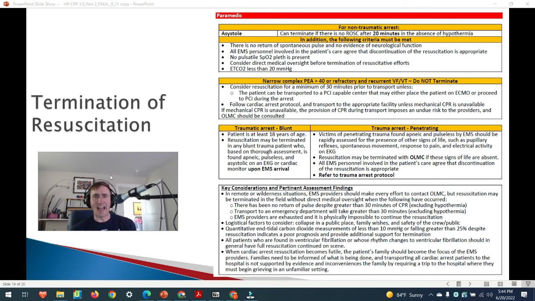Anything other than that, especially if it's refractory, recurrent VFib, VTach, do not terminate. This is pretty clear. This is not a gray area. Now, there are situations where one could argue that we call med control and get orders to not terminate but to withhold resuscitation, call a coroner, and we're getting those orders based on medical futility.